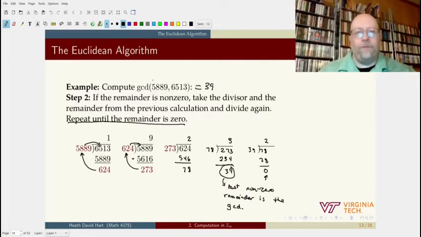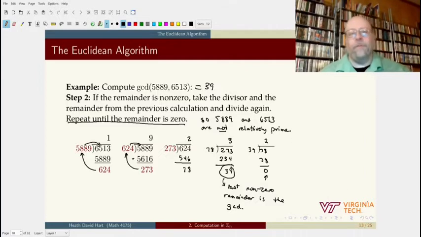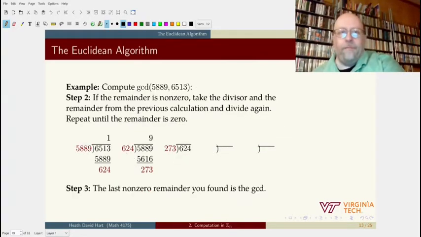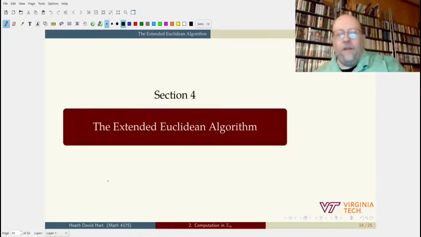So 5,889 and 6,513 are not relatively prime. That's what this example tells us. Okay. The last non-zero remainder we found is the GCD. That's what we just did. Okay.